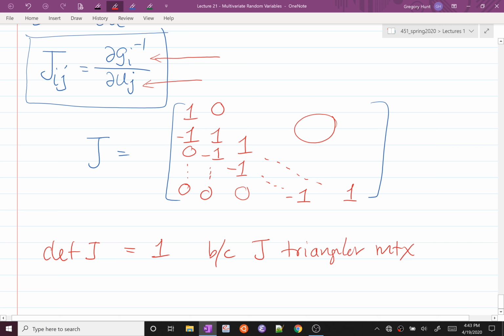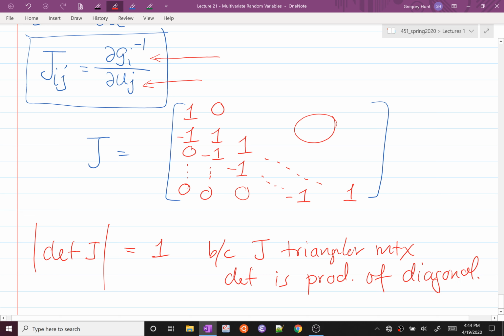So if you remember from linear algebra, the determinant of a triangular matrix is just the product of the main diagonal. And the product of this is 1 times 1 times 1 times 1 times 1. And so the absolute value of the determinant is also 1. Let's just say the determinant is the product of diagonal entries.